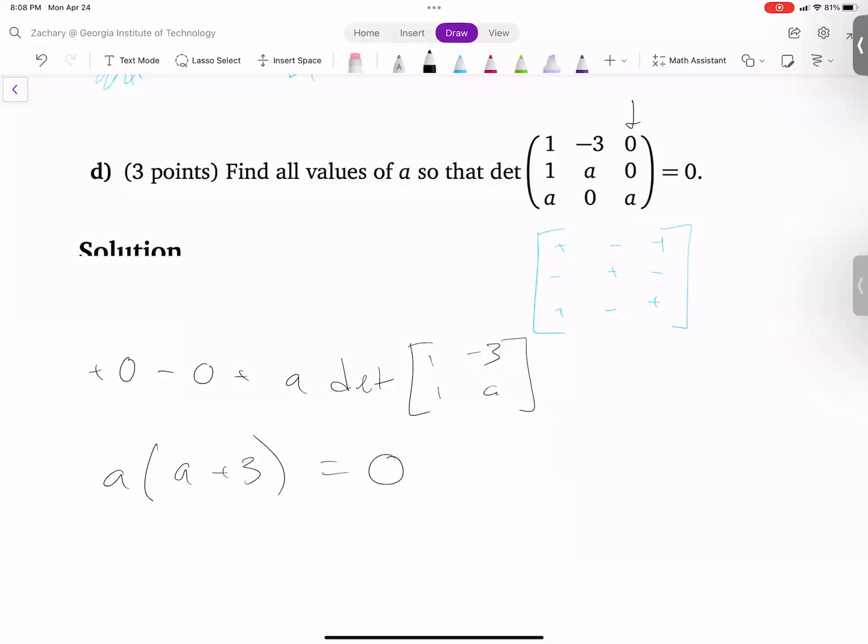Yeah. No, you can. It's the exact same process. Each time you take a determinant, you redraw this.